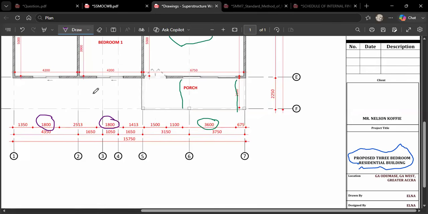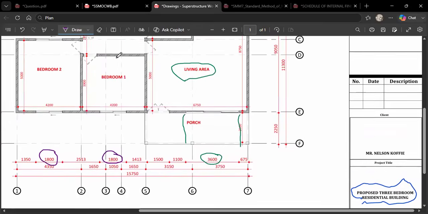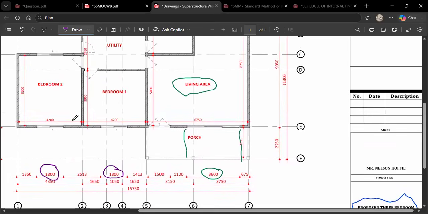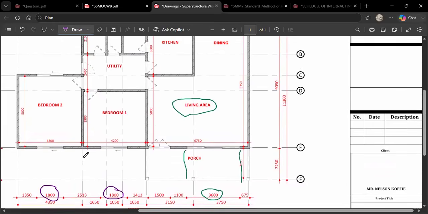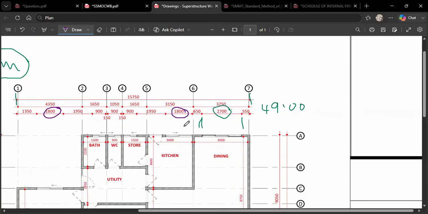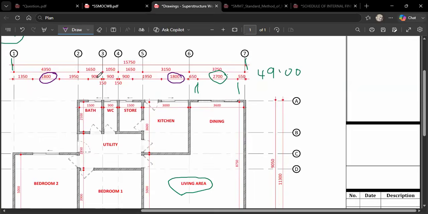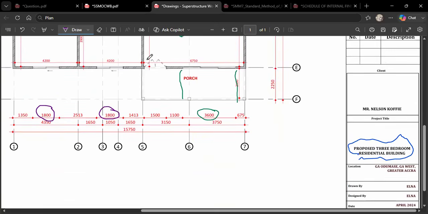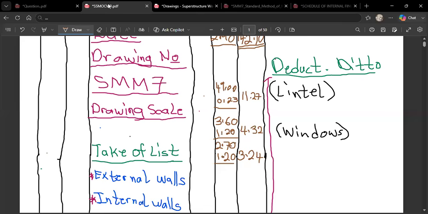Look at the windows over here. Bedroom 1 has what? 1 window. Then bedroom 2 has what? 2 windows. Then they all have 1,800. The kitchen also has that kind of window, so 1, 2, and then 3, 4. So this is going to be 4 times 1.80.